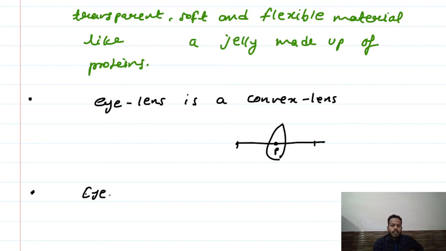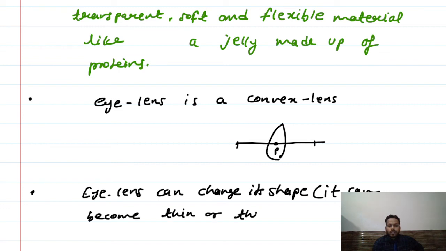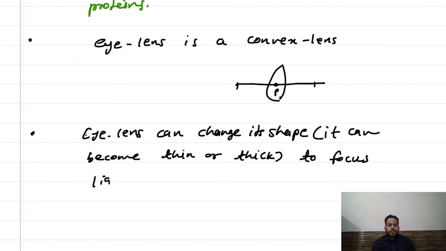Eye lens can change its shape and it can become thin or thick to focus light on retina.